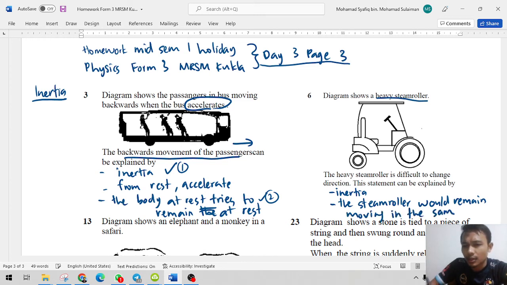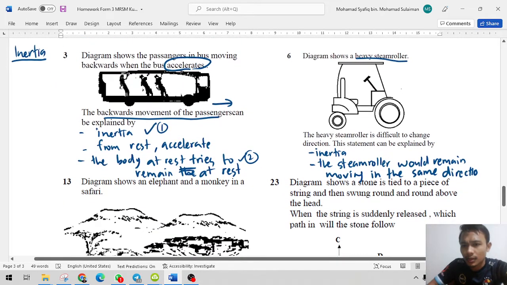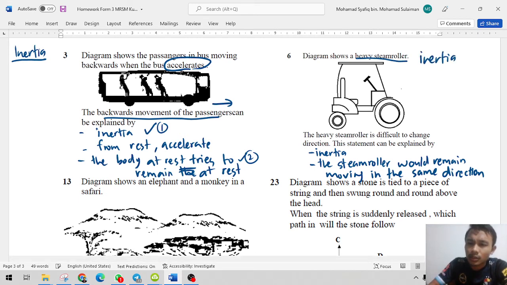Okay, so it is the same direction, because inertia is Newton's first law. First law of Newton.